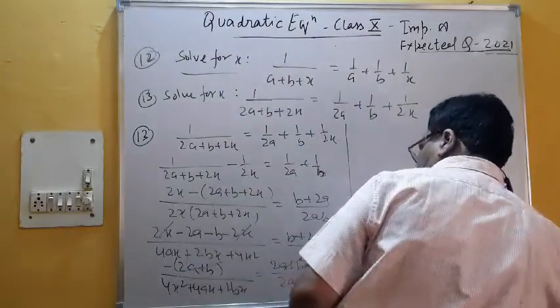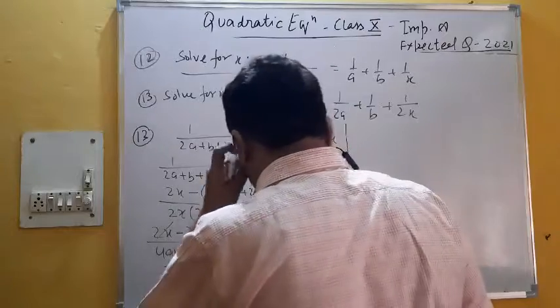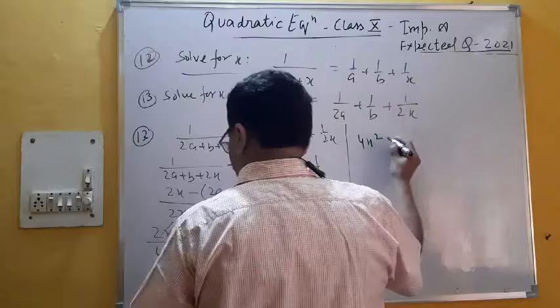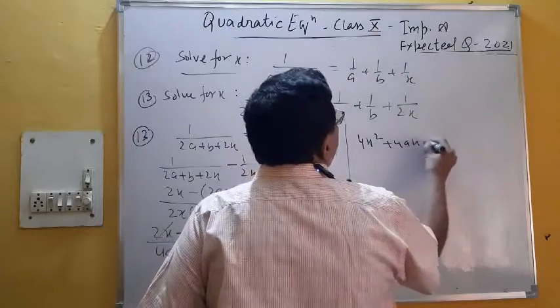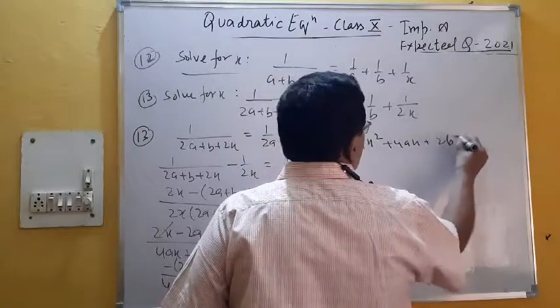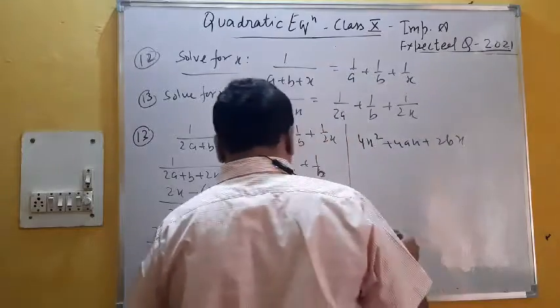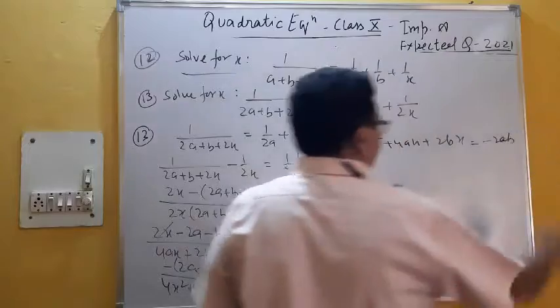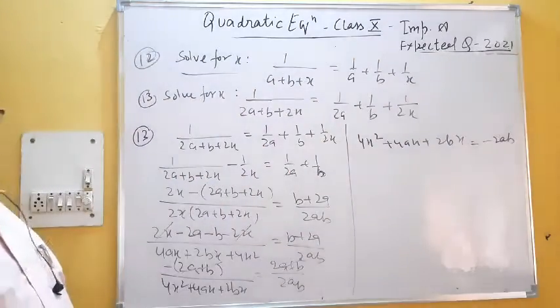Now next, cross multiply, you will get 4x square plus 4ax plus 2bx equal to minus 2ab. This you will get.